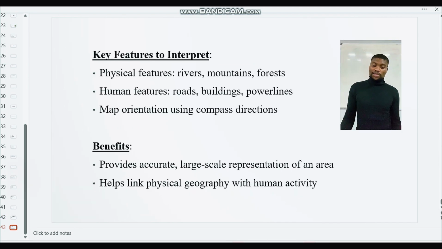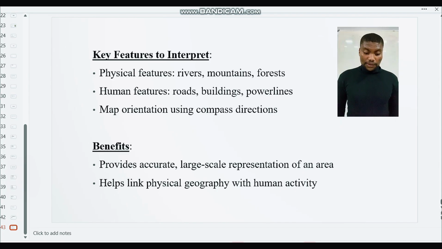There are key features to interpret on a map. We have physical features like rivers, mountains, and forests. Human features include roads, buildings, and power lines. Those are man-made features. Physical features are natural features.